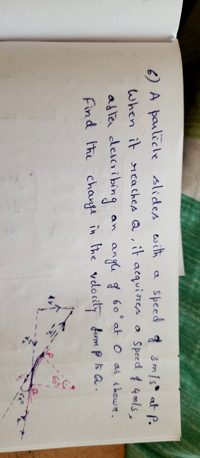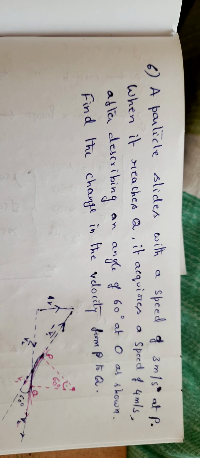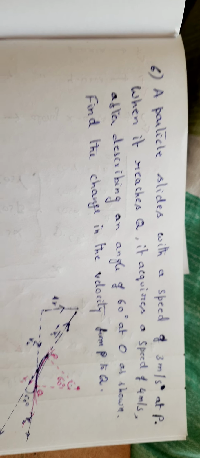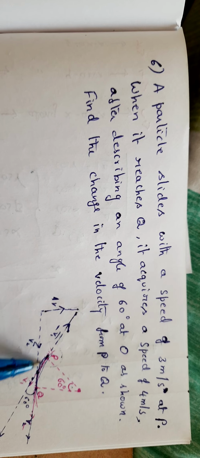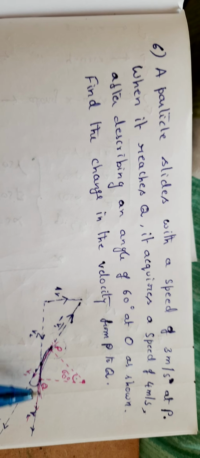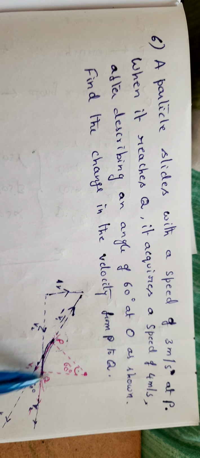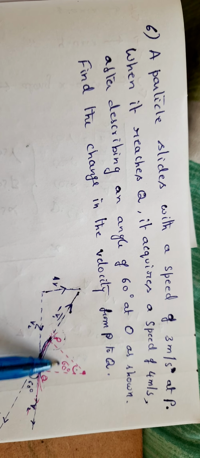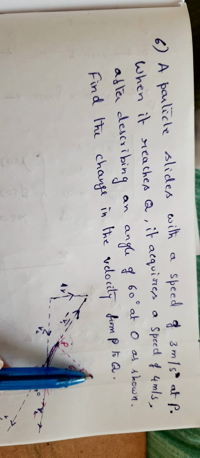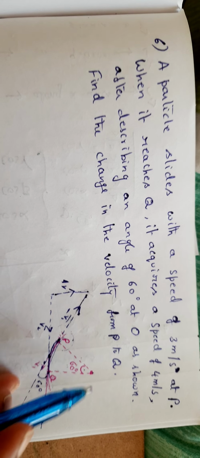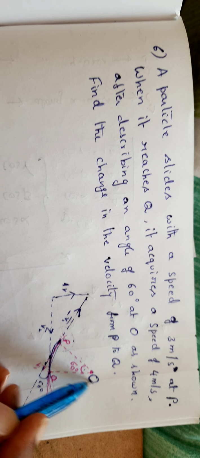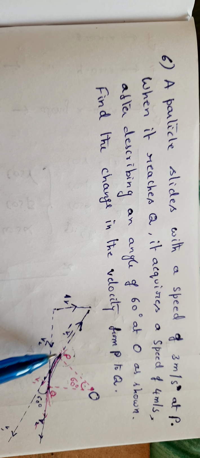Yes, now the next problem. A particle slides with a speed of 3 meter per second at point P and it reaches Q, and the speed here is 4 meter per second, and in the process it turns through an angle of 60 degrees at the point O. Now our job is to find out the change in the velocity.